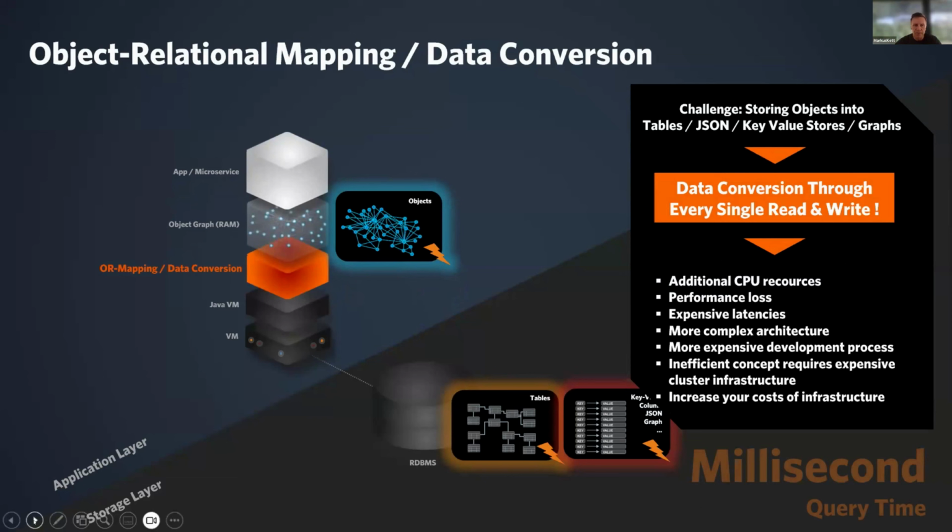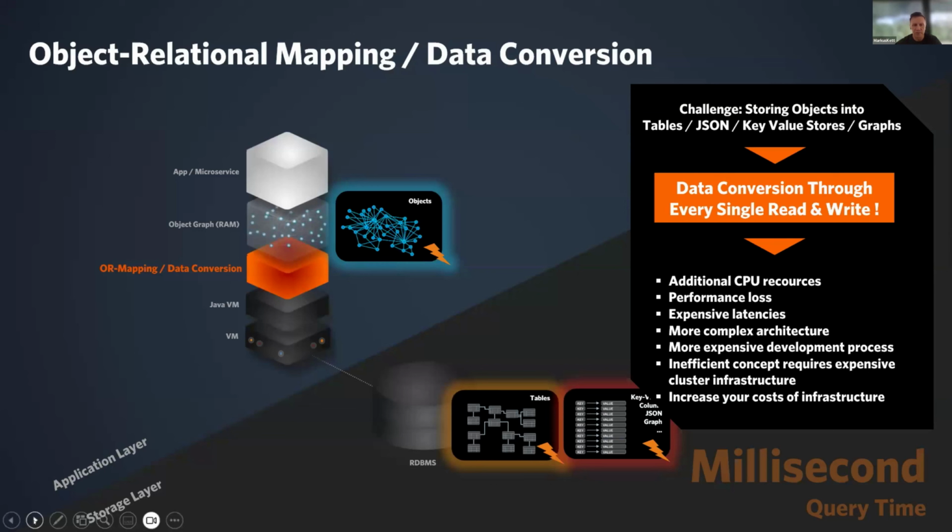So with relational databases, these differences between the language and the database are solved by object relational mapping frameworks like Hibernate. The standard here is JPA, the Jakarta Persistence API. So behind the scenes, through every single read and write, objects are generated, or SQL code is generated by the framework. So the framework in between has a lot to do.